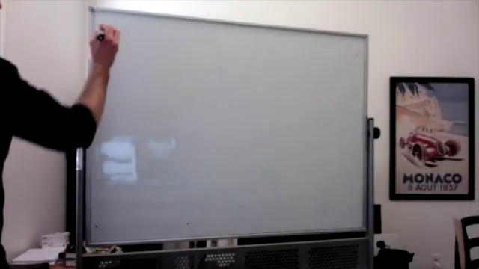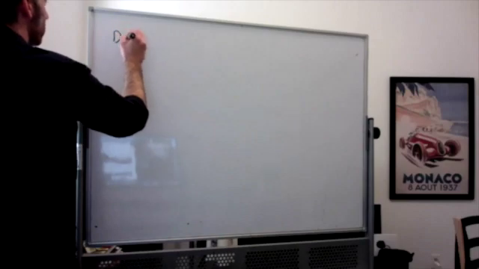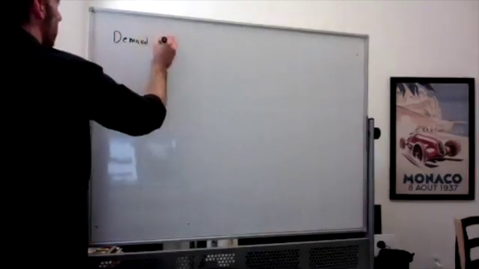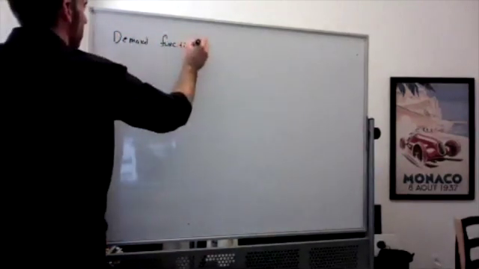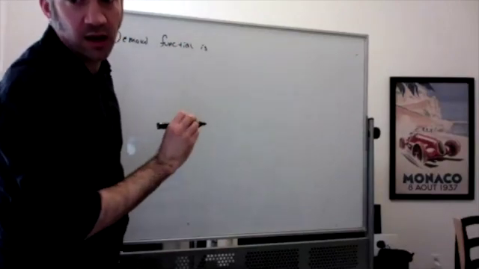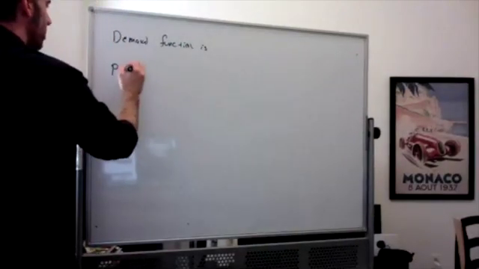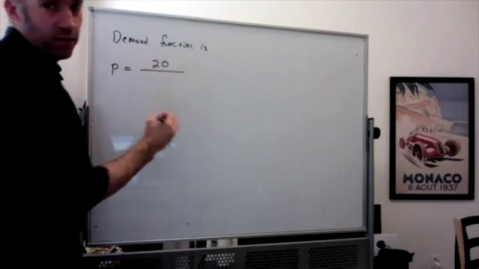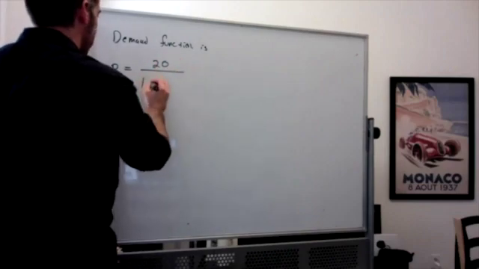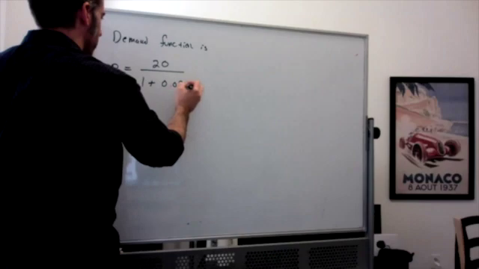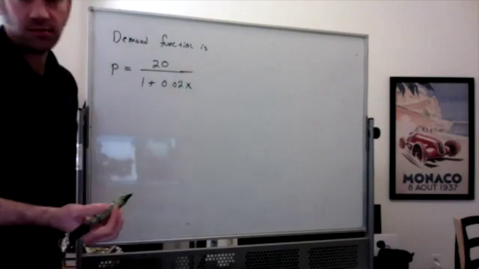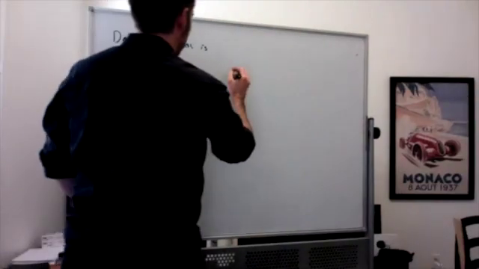And I'm going to change the numbers to protect the innocent. The demand function is given by P equal to 20 over 1 plus 0.02x, where x is greater than or equal to 0.